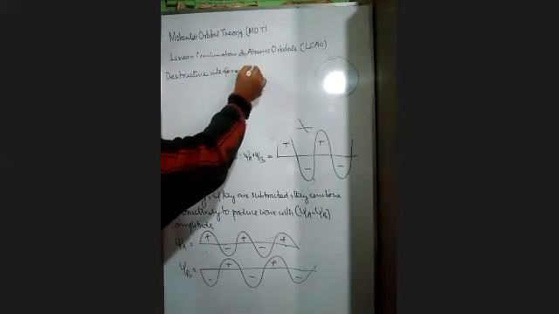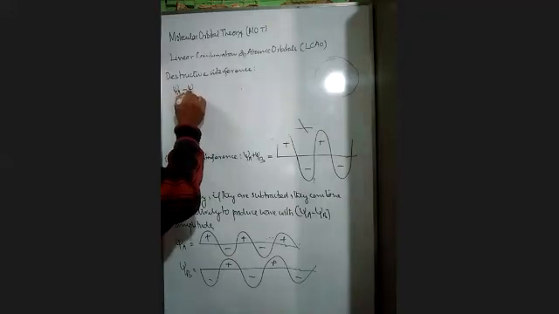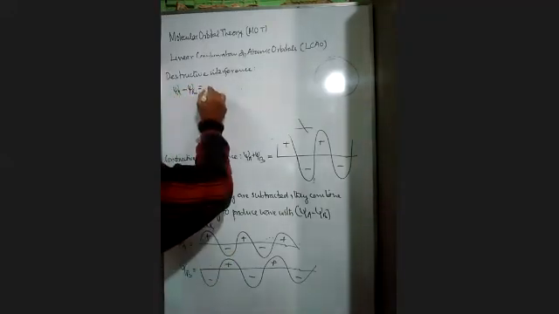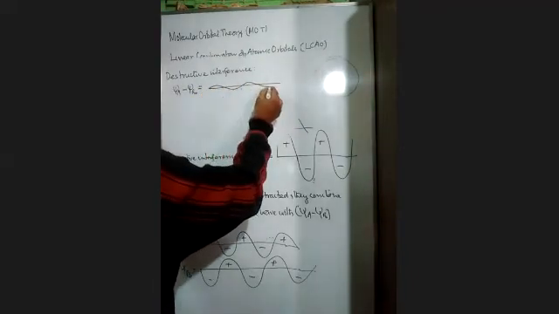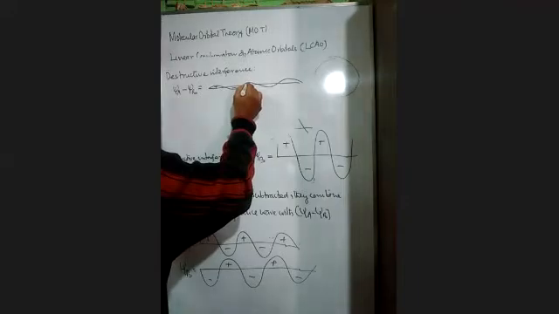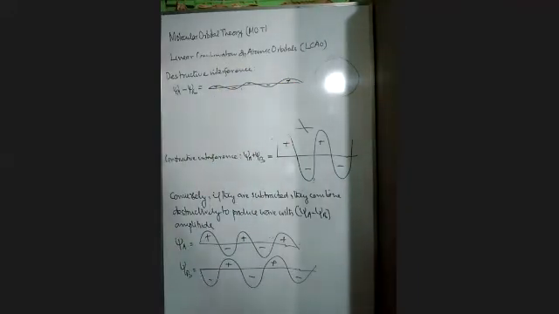Okay, this is psi A minus psi B. See, is it not one will be subtracted from the other? So what will happen? You see now, the height will decrease. So it will be plus, minus, plus, minus, plus. So in that case, the bonding will not take place.